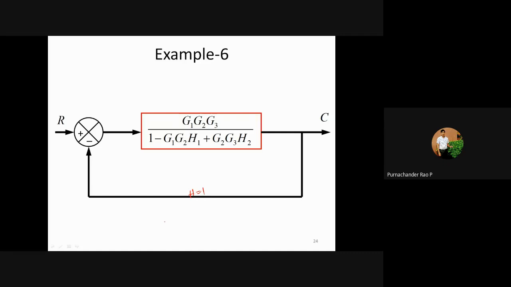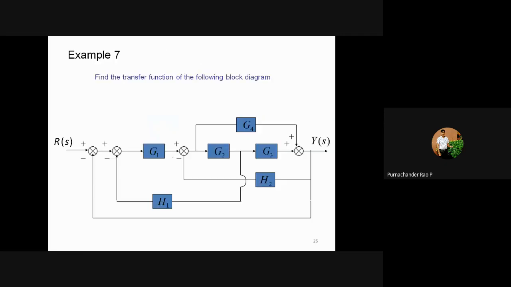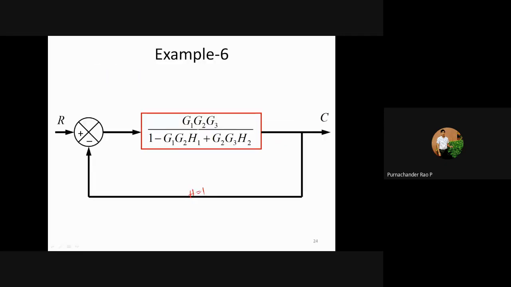Okay, so again you'll get the complete block. You have to do the calculation here, which is nothing but G1, G2, G3 divided by 1 minus G1, G2, H1 plus G2, G3, H2, divided by 1 minus of this total value again.